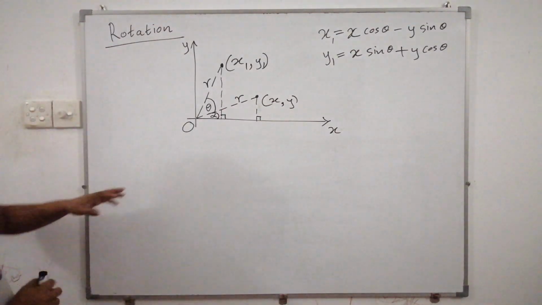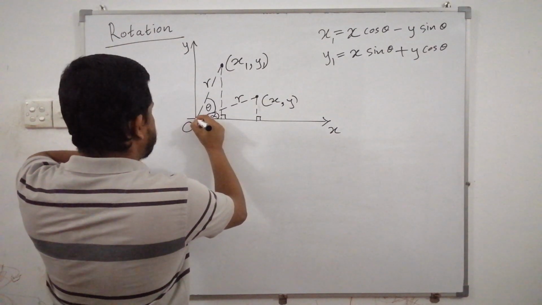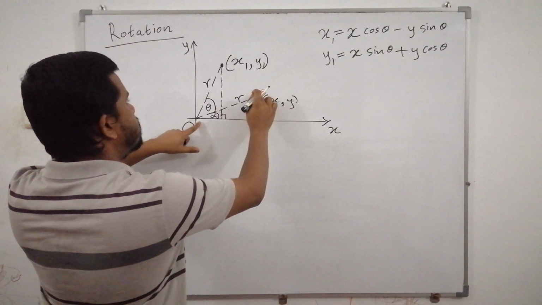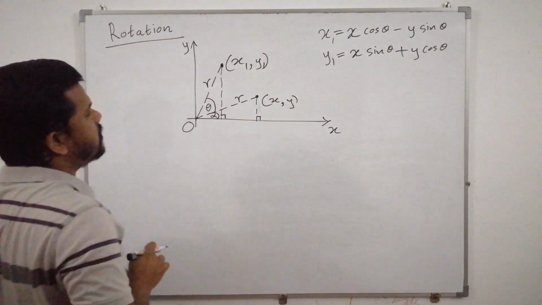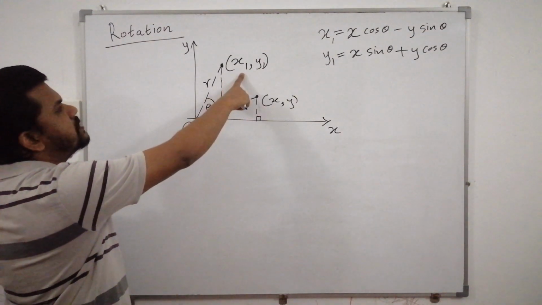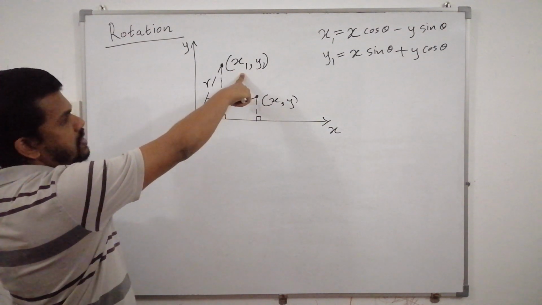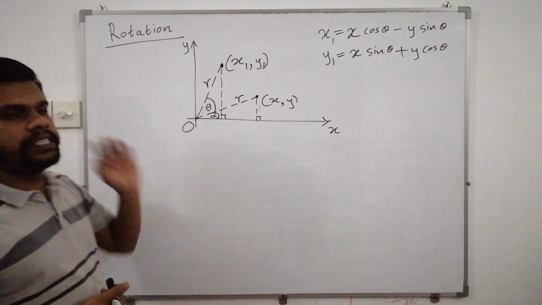Here actually this point rotates around the origin in anti-clockwise order by an angle of theta, and then it reaches the x1, y1 position. This is called a rotation.